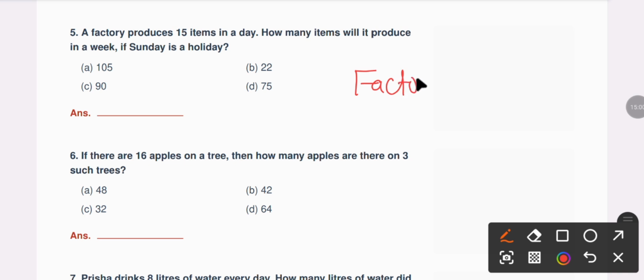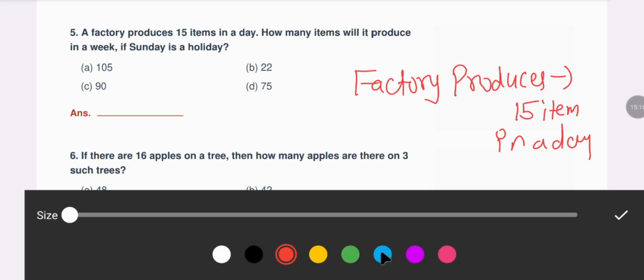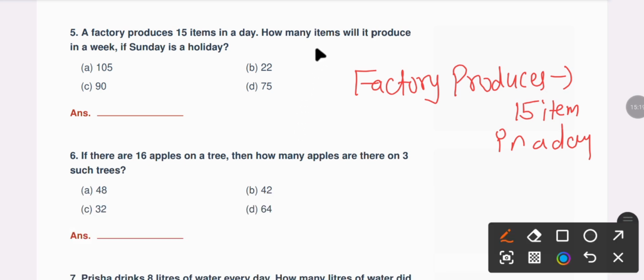A factory produces 15 items in a day. How many items will it produce in a week? So in a week, how many days? 7 days. But Sunday is not included.